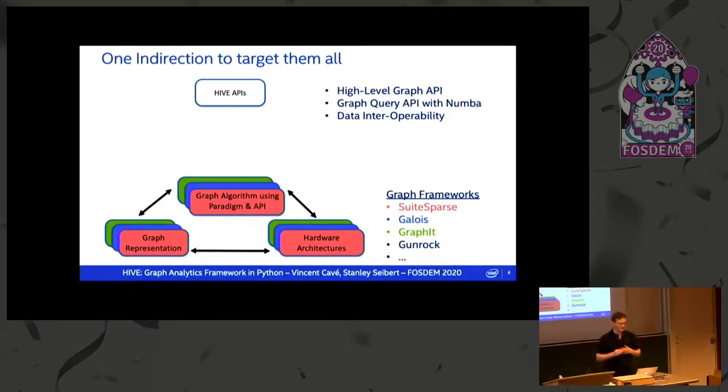One thing we want to explore is doing this kind of graph API with Numba. If you're not familiar with Numba, it basically allows you to write a function in Python, annotate it, and then you can JIT it. So one of the simple things we wanted to try, for instance, if you want to do some kind of filtering operation, you stay on the Python side, you write a predicate, and then you have the runtime go over the edges or the vertices, apply that function, and you get a subset out.